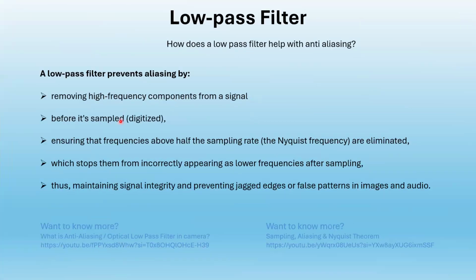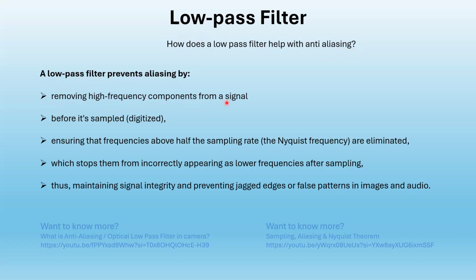All right, so we mentioned something called a low-pass filter. And the question would be, of course, how does a low-pass filter help with anti-aliasing? I'll tell you. A low-pass filter prevents aliasing by removing high-frequency components from the signal.